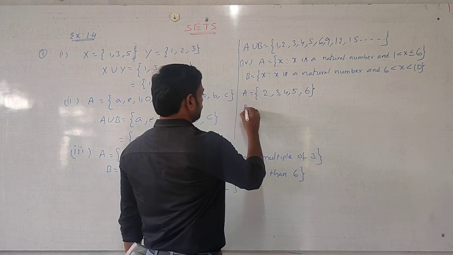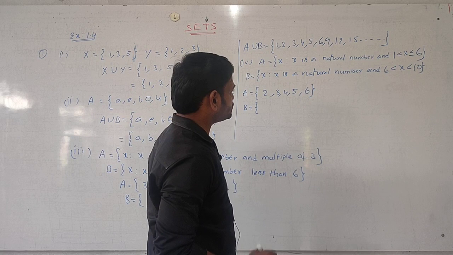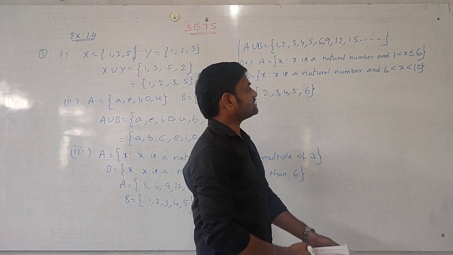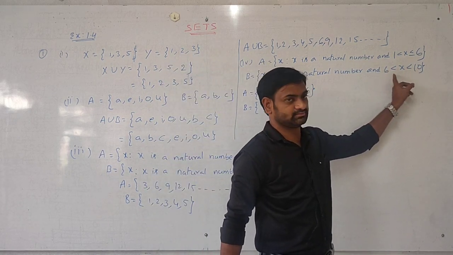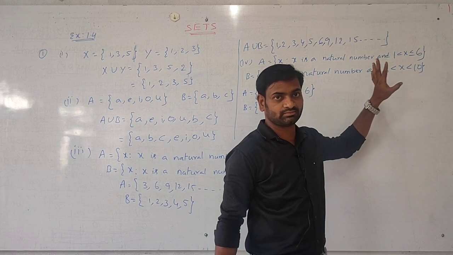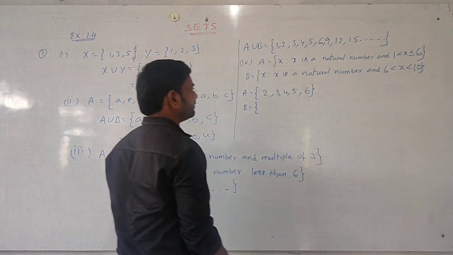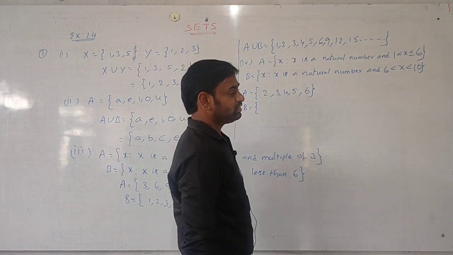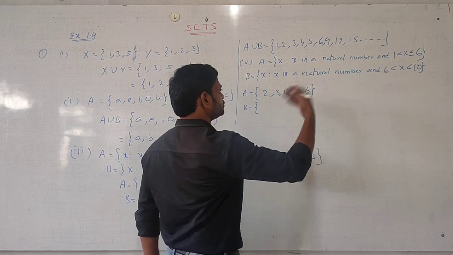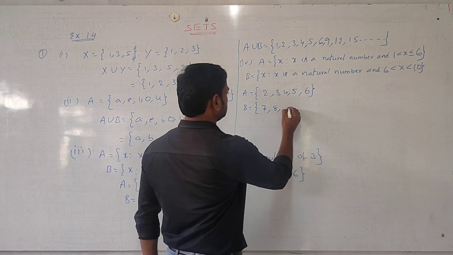Next, what about B? x such that x is a natural number and x value is between 6 and 10. Here there is no equal symbol for both. Between 6 and 10 we have to take. So what are the numbers between 6 and 10? Above 6, below 10: 7, 8, 9.